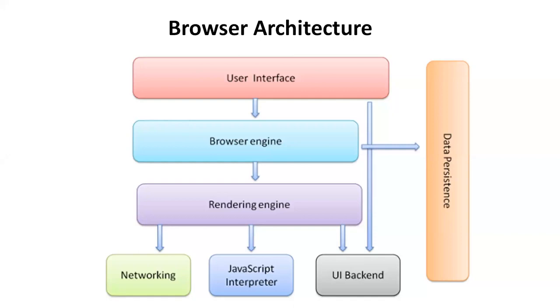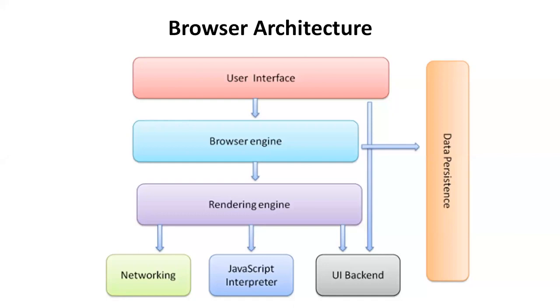In the browser architecture, you have the user interface, UI. UI is nothing but the interface of the browser. The interface of a browser means the browser has a title bar, an address bar, shortcut buttons, and extensions.